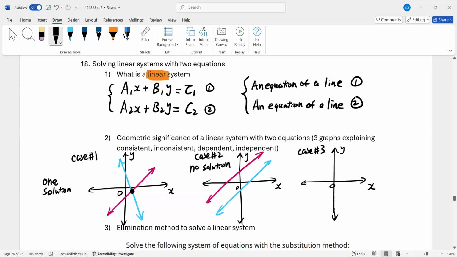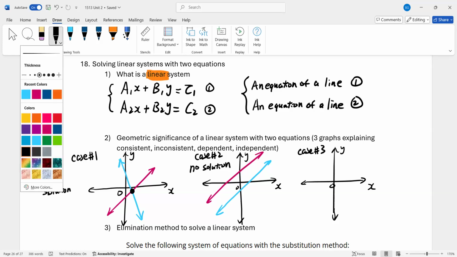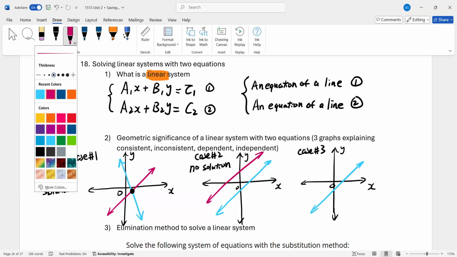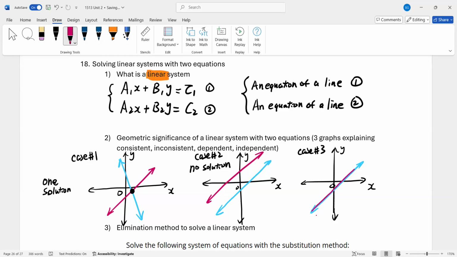And the third case is that it's possible the two equations in the system are the same equation. Maybe they look a little bit different, but if you modify the equation, you'll see the two equations in the system are identical. In that case, the two straight lines, say this one is the blue line and this one is the red line, are overlapping or coinciding, and the system has infinitely many solutions.